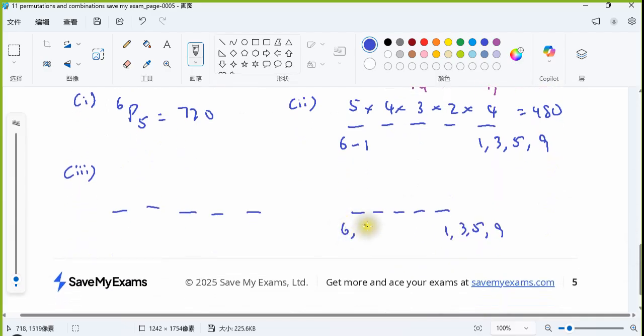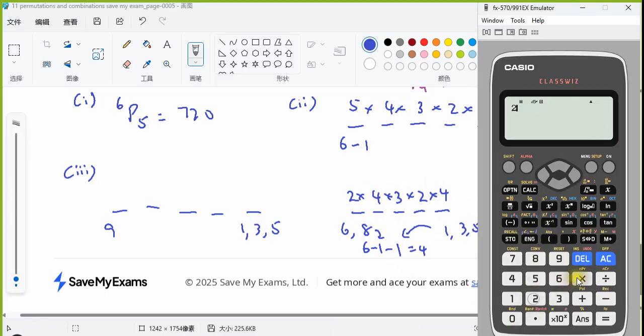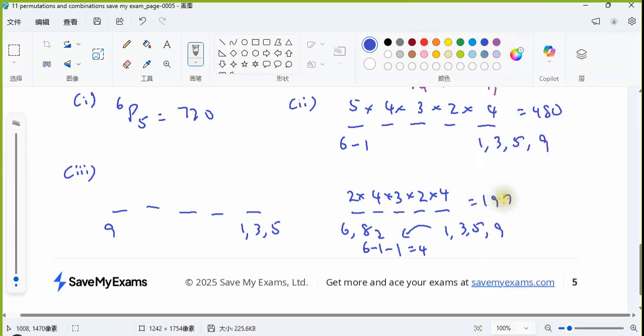So starting with 6 or 8, there are 2 choices, then the last digit has 4 choices, then out of 6 minus 1 we have 4 here. So we have 2 times 4 times 3 times 2 times 4, then it's 192.